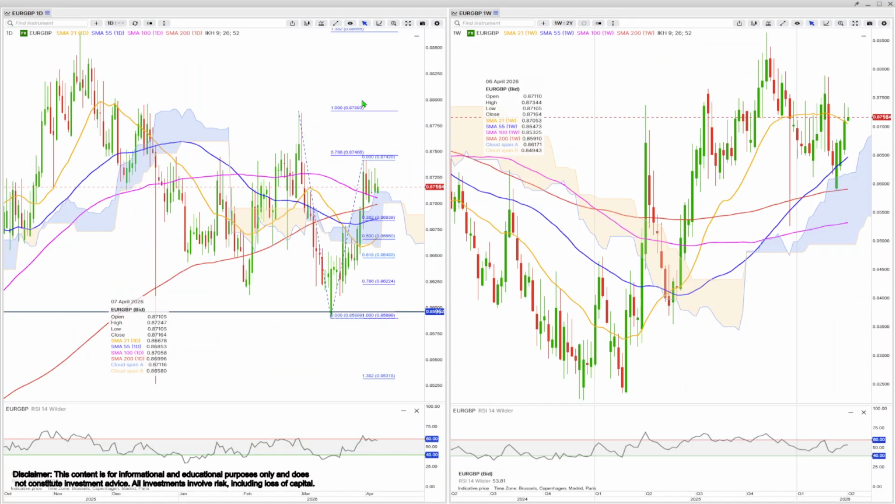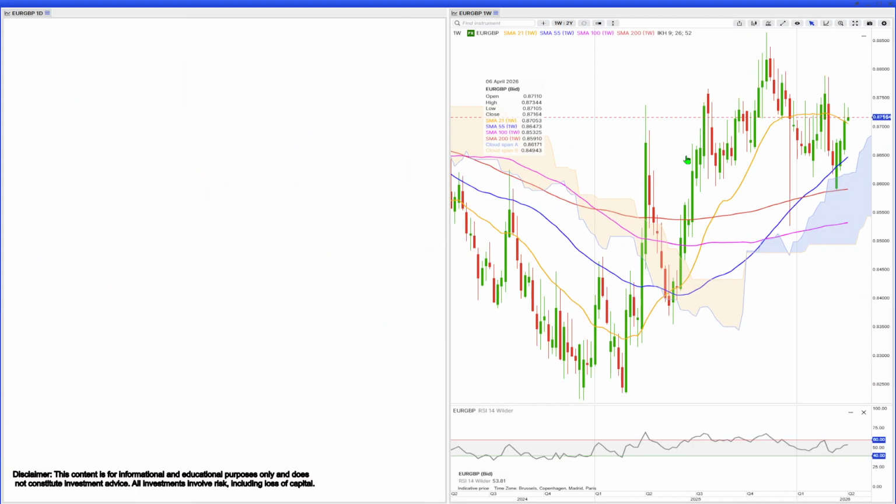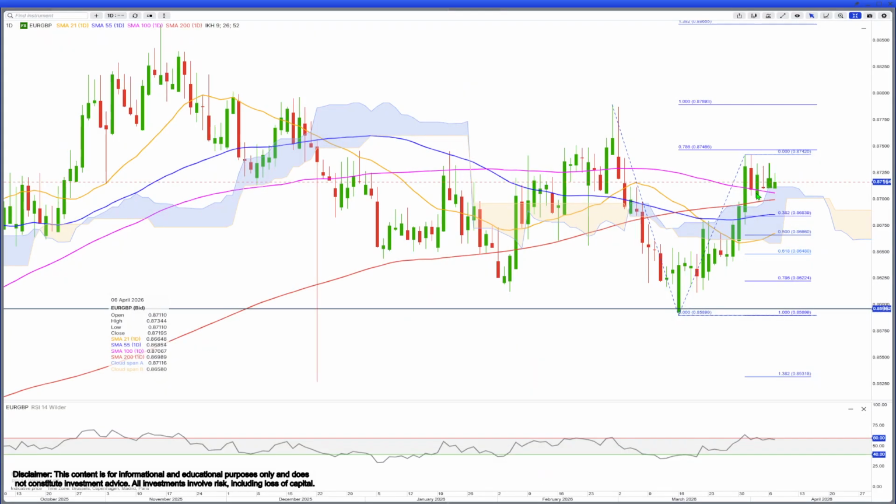On the euro sterling, it has also been pausing a little bit here short term, and it is above the clouds. The 200 moving average is rising, the 55 is getting a little bit flat here, but the 100 is trying to drag it down. So a little bit of a divergence picture here.